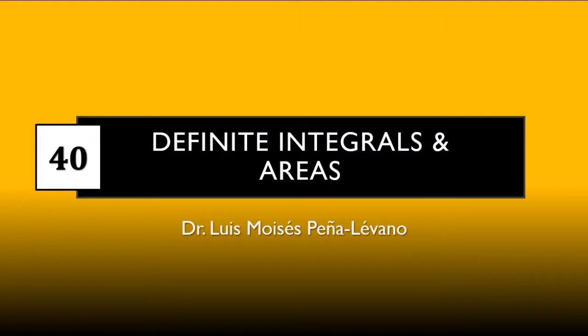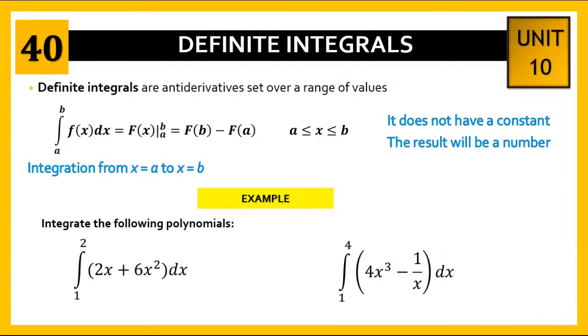In this chapter, we will cover definite integrals and areas. Definite integrals are antiderivatives set over a range of values. This means that x will take any values between a and b.